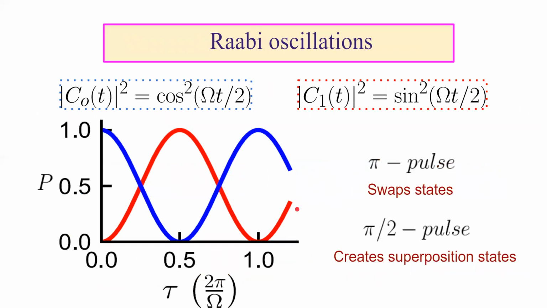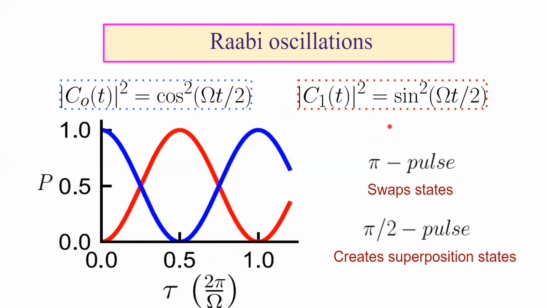So can you see what's happening over here? When you're driving the two-level atom system with an external drive of some frequency that matches with the frequency of the energy gap of the two-level system, the probability amplitudes start oscillating with time, right? At a frequency omega, that is the Rabi frequency.